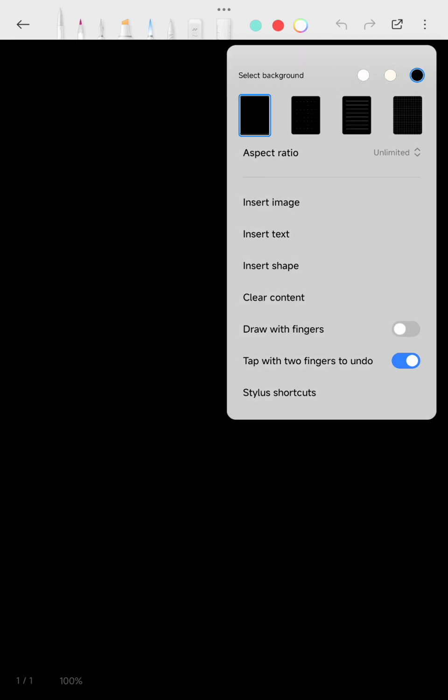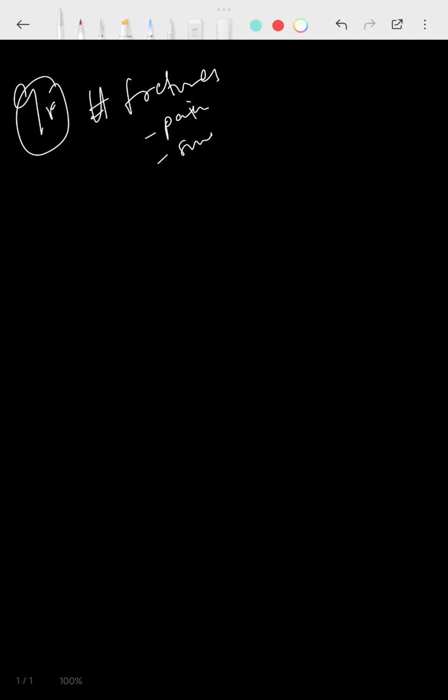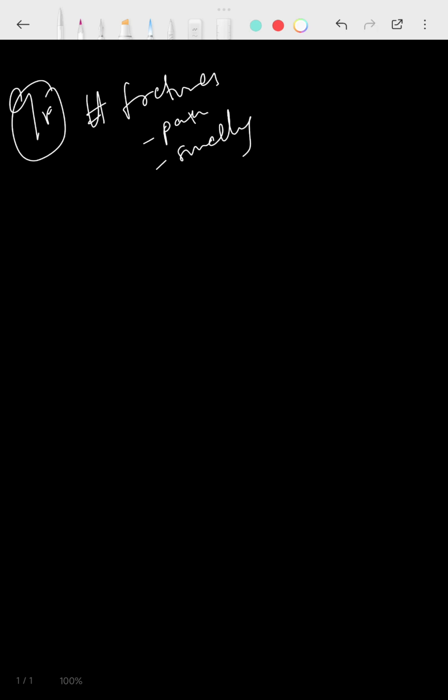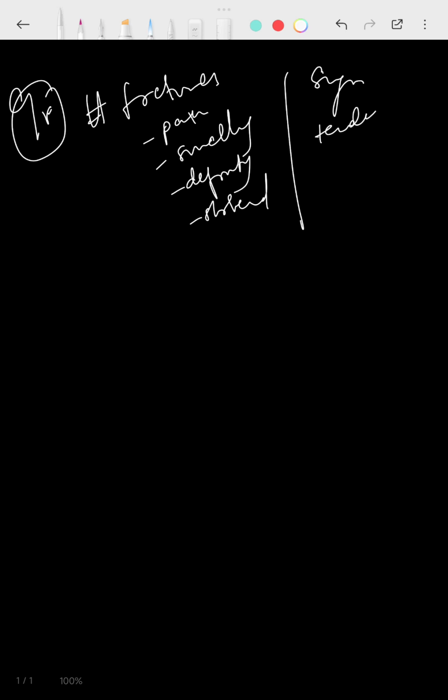Next is clinical features. What are the features of fracture? Pain, swelling, deformity, shortening of limb, all those things. On signs, tenderness and swelling will be there.